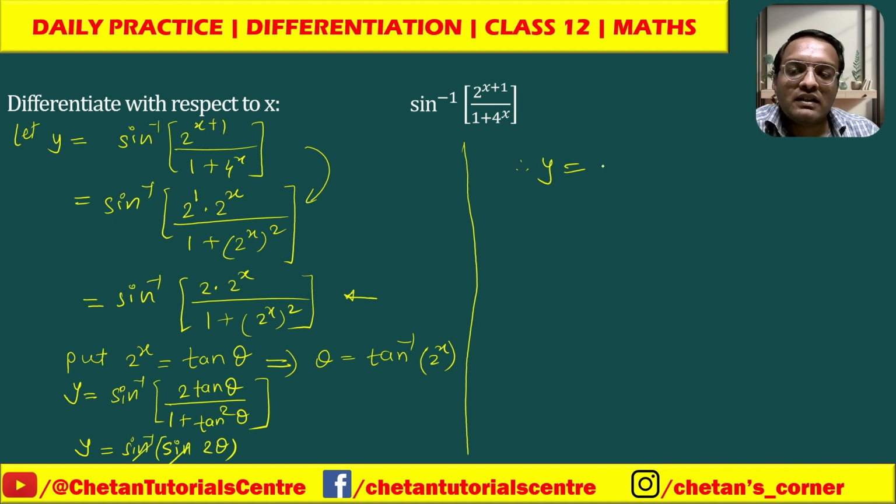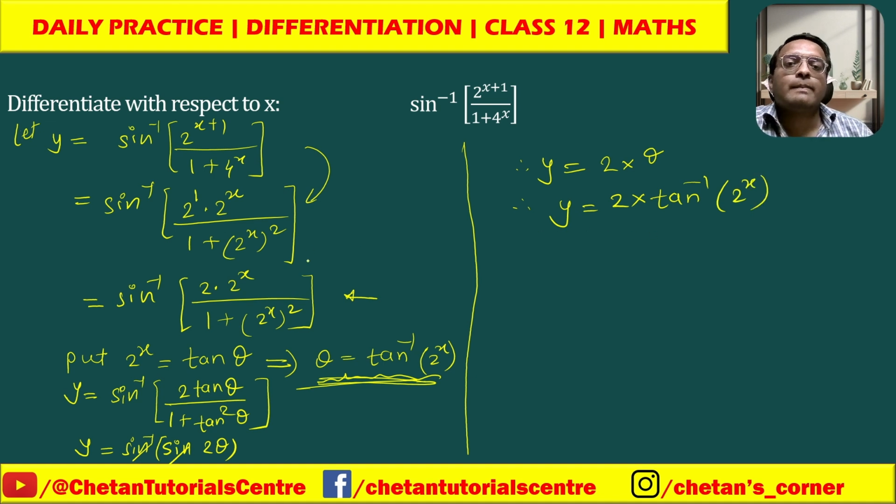Then what I will get is 2 into theta. And the value of theta is given here: y is equal to 2 into tan inverse of 2 raised to x. So in this way, we have reduced this given function into a simplified form. I hope you have understood the step-by-step explanation of how we obtained this simplified function from the given function.